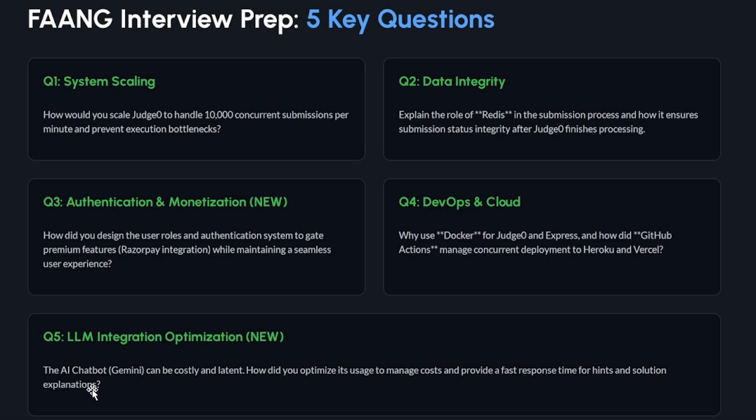Basically, we implement caching for common problem explanations using Redis or MongoDB. For user-specific queries, we use a structured prompt template to minimize token usage and guide the Gemini model towards a concise, efficient answer. So it will reduce latency and cost per query.